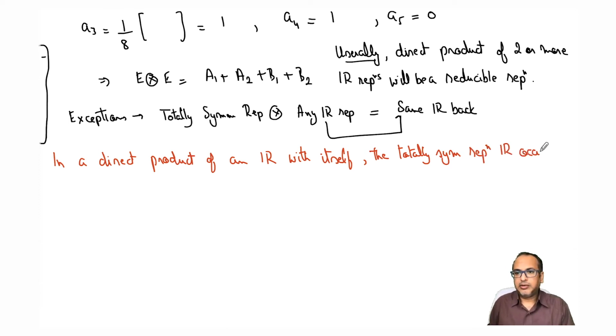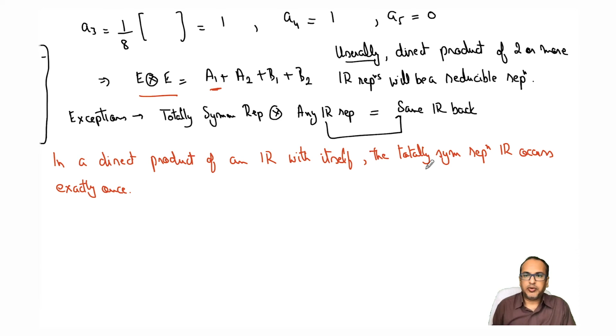In a direct product of an IR with itself, the totally symmetric representation occurs exactly once. Like we took the direct product of E with E in this example, we saw that A1 comes only once. So the totally symmetric representation will definitely come, and it will come only one time.